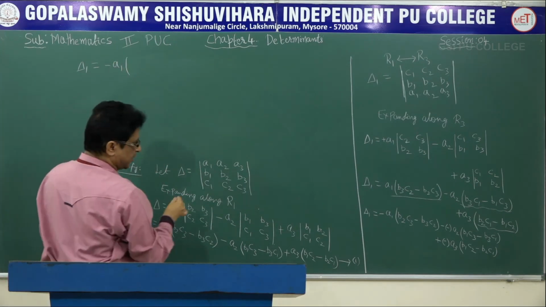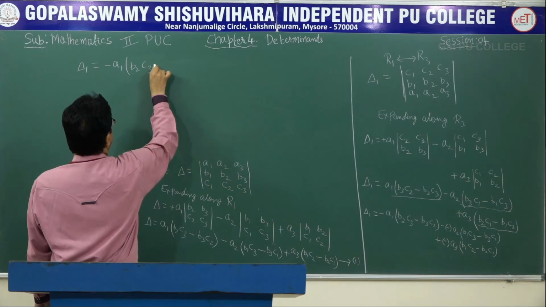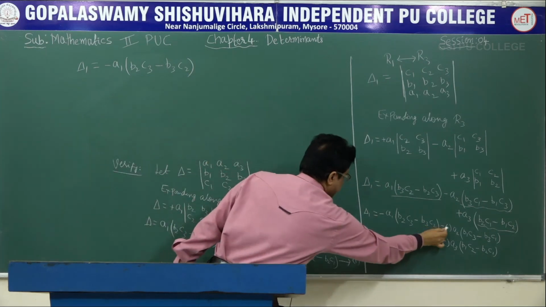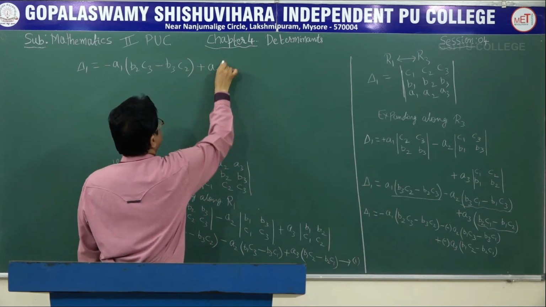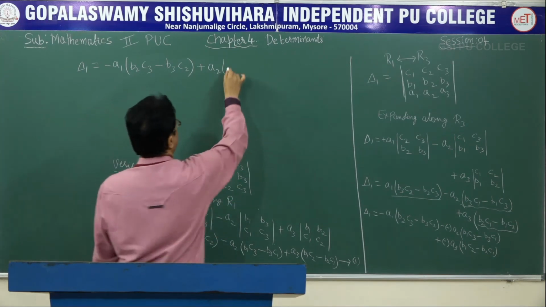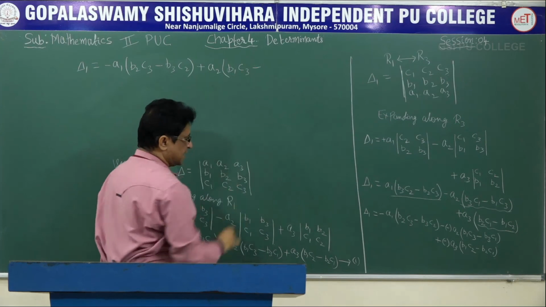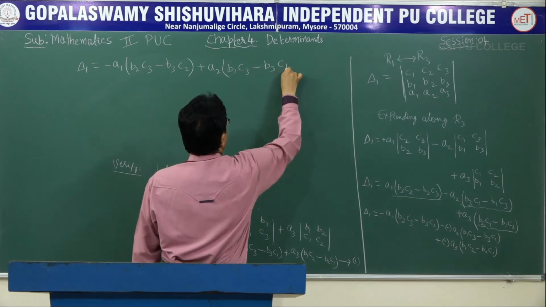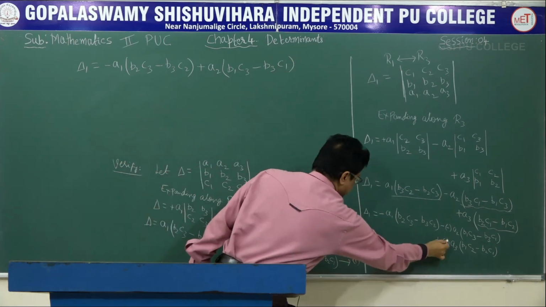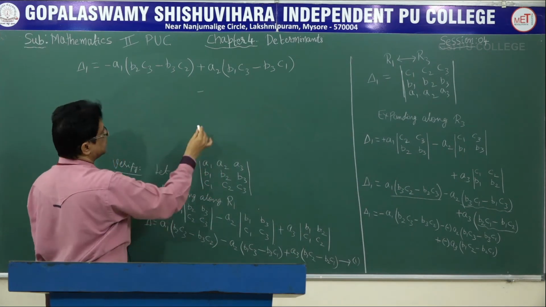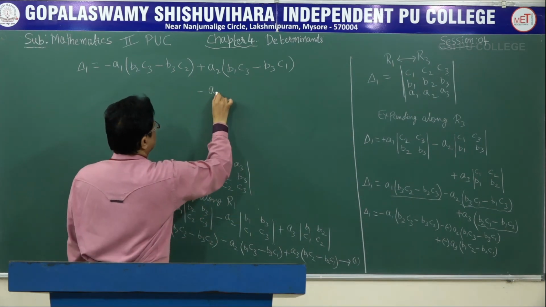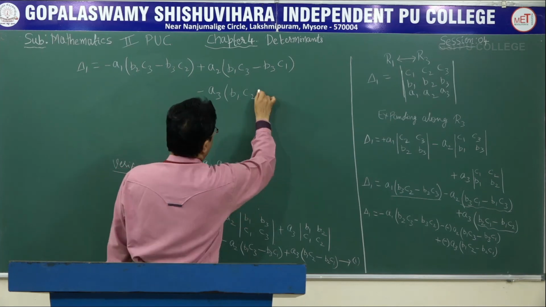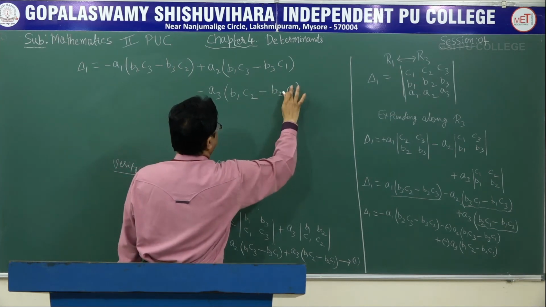So delta 1 is equal to minus A1 into B2 C3 minus B3 C2, minus into minus plus A2 into B1 C3 minus B3 C1, here plus into minus, minus A3 into B1 C2 minus B2 C1.